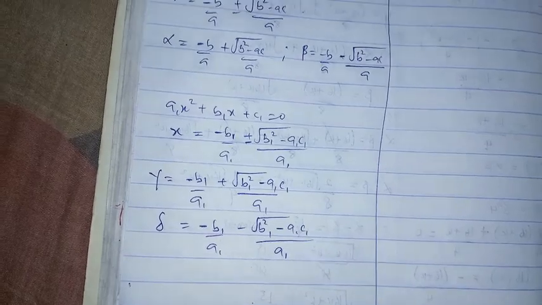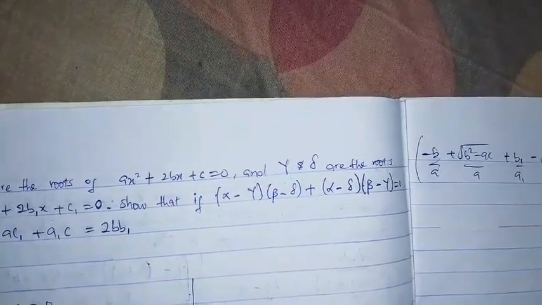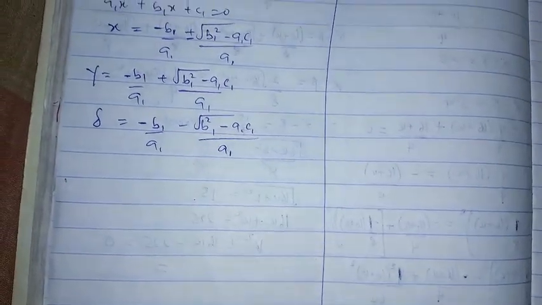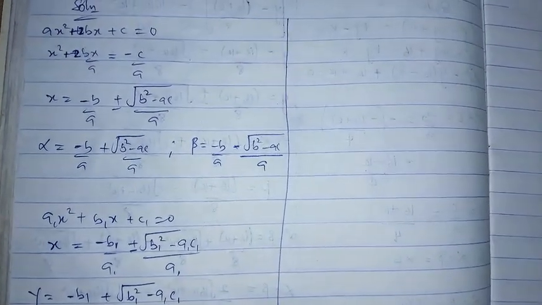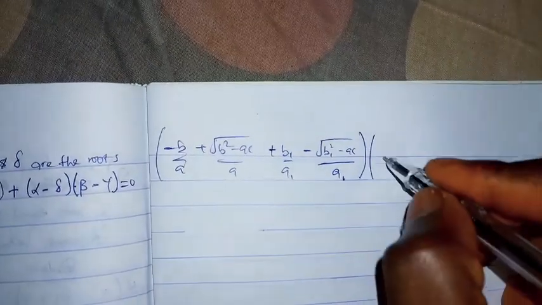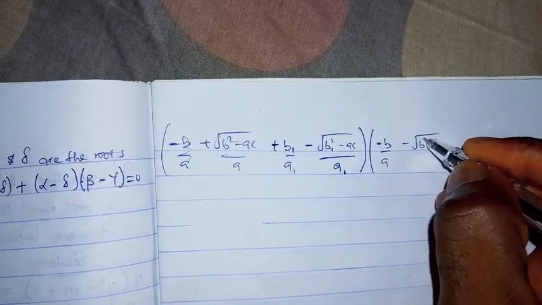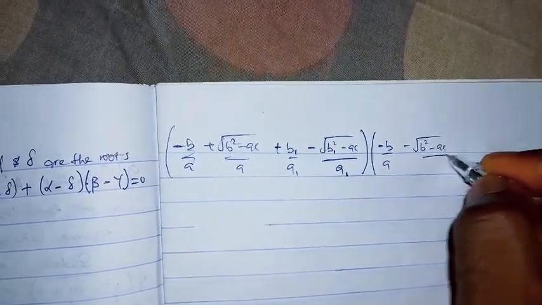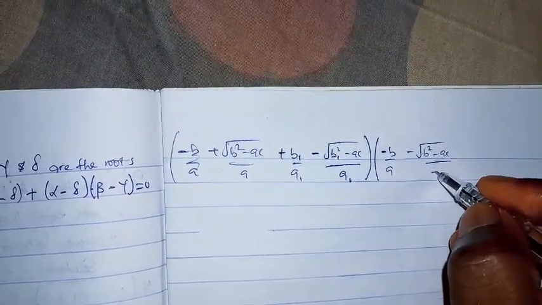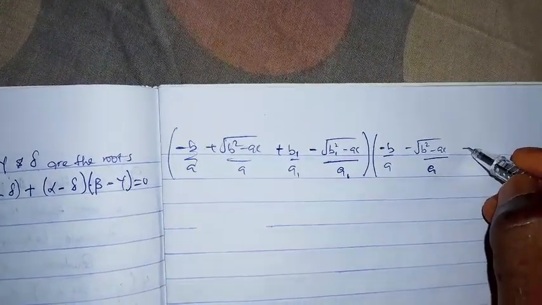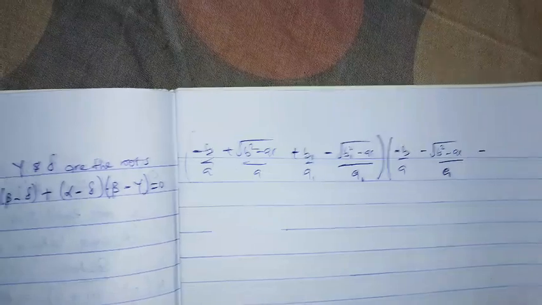Now for the next one, beta minus delta. For beta minus delta, what do we have? My beta is minus b over a, then minus the square root of b squared minus ac all over a, and minus delta.